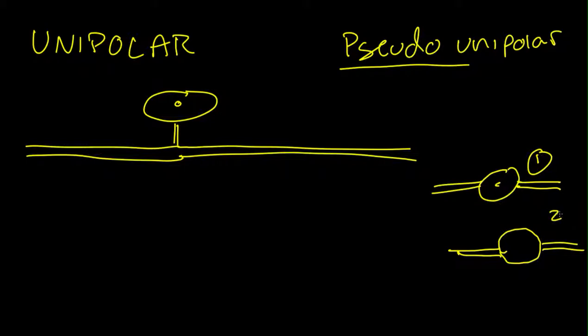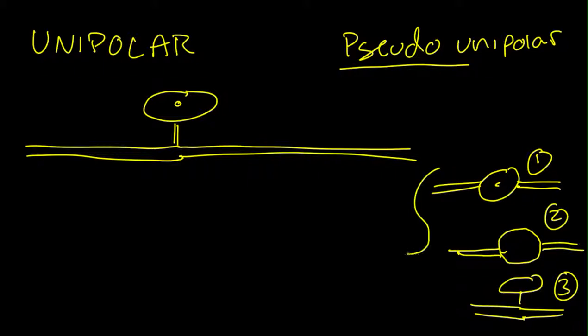So that'd be stage 2, and then finally they separate into a separate section. So that's why they call it pseudo. For the test, I don't think he'll have pseudo on there. All you just need to know is unipolar is just an axon, and it's just a single connection underneath of it.